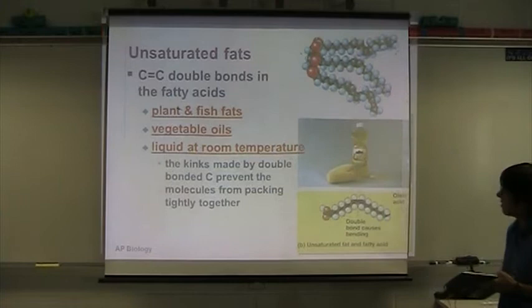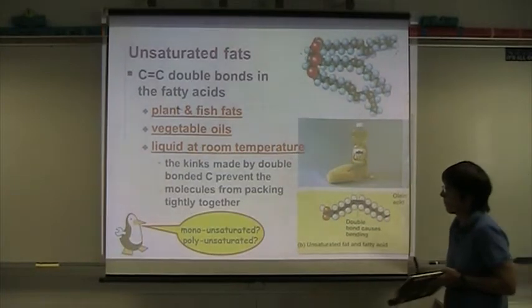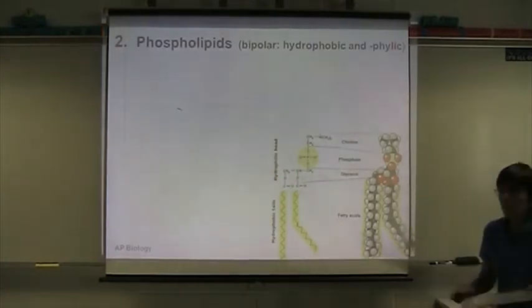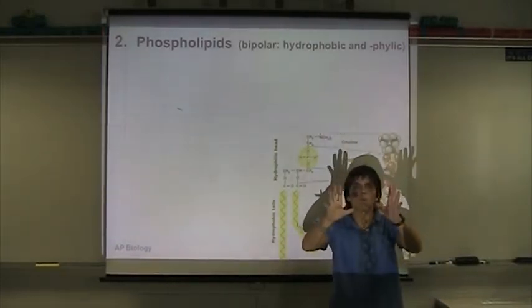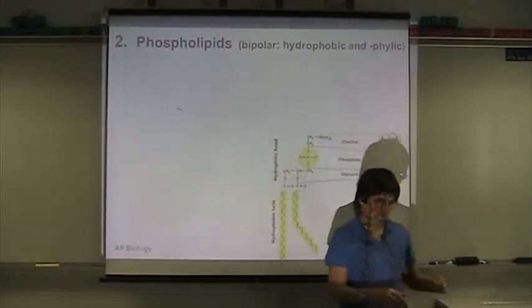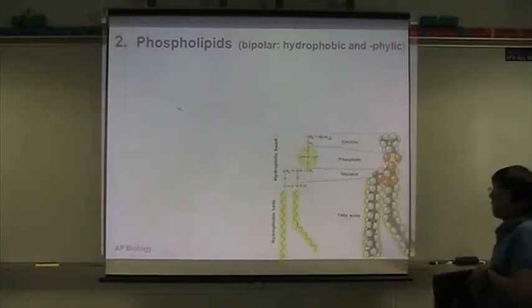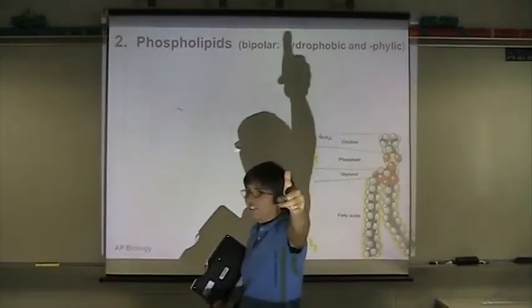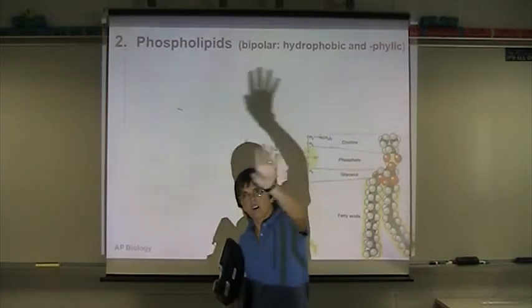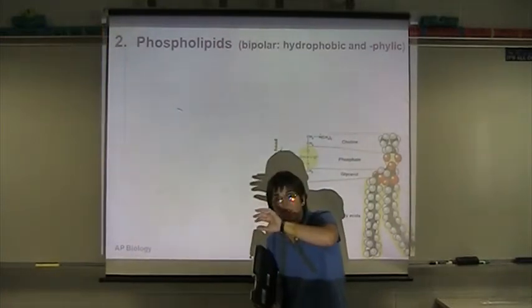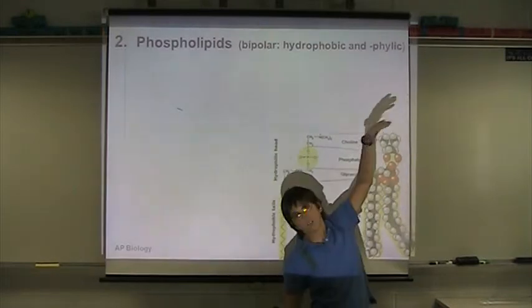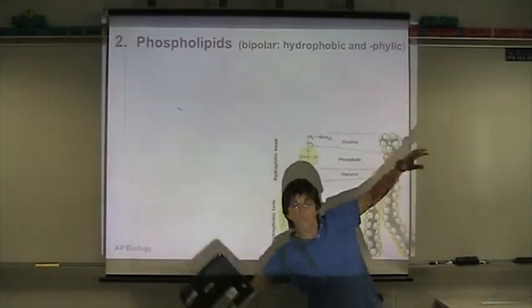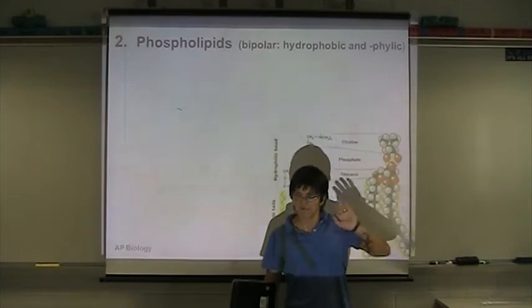Those are your unsaturated fats. Please make a diagram, do whatever you need to, work on this, learn it. So we have our triglycerides, right? It's a glycerol with those fatty acids, and the fatty acids can be very stiff or can be very flexible. Got it? Good.